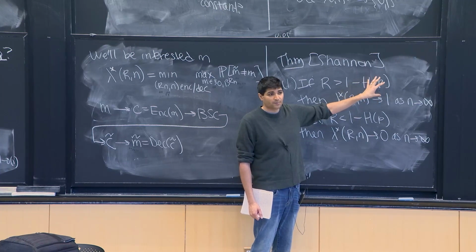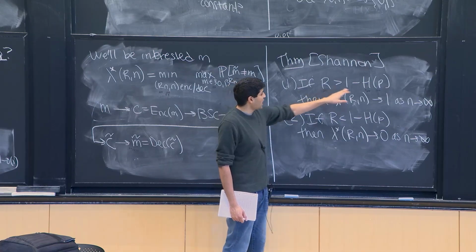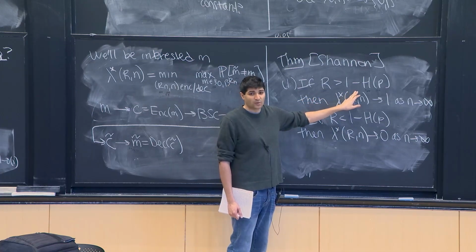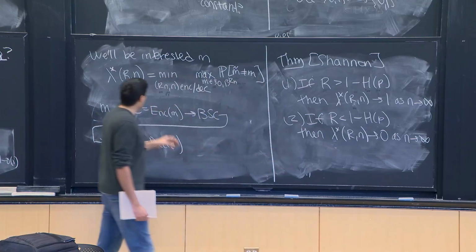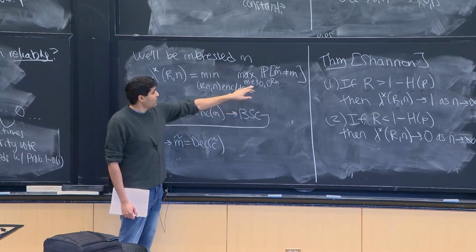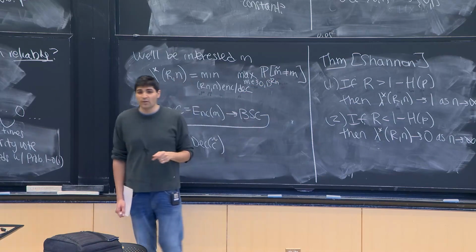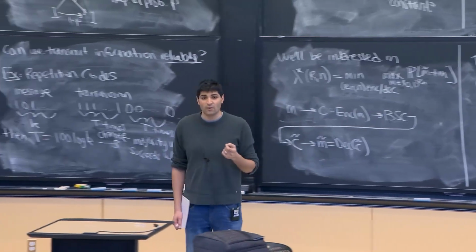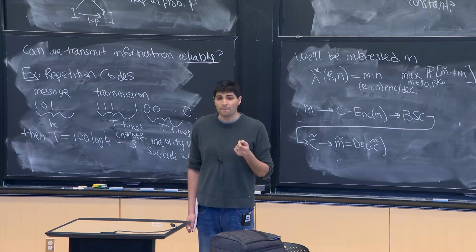It's some constant. And now the point is that if you're trying to transmit at a denser rate than 1 minus entropy of p, you're going to fail. Why? Because no matter what encoding decoding pair you choose, there will be messages where the probability that you successfully decode the message is actually going to 0. The probability that m tilde is not equal to m is going to 1.